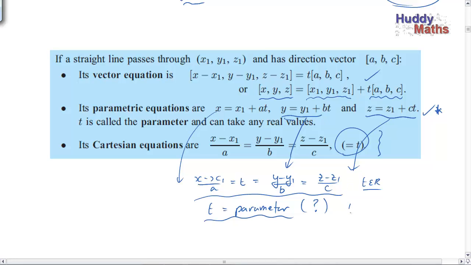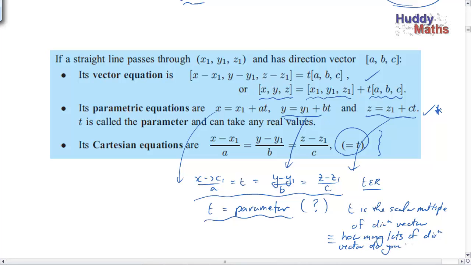Okay. Well, just think, t is the scalar multiple of the direction vector. Okay, of the direction vector. So what that property of the system is, so it's equivalent to saying how many lots of the direction vector do you need to get to the point? So you're defining your point here.